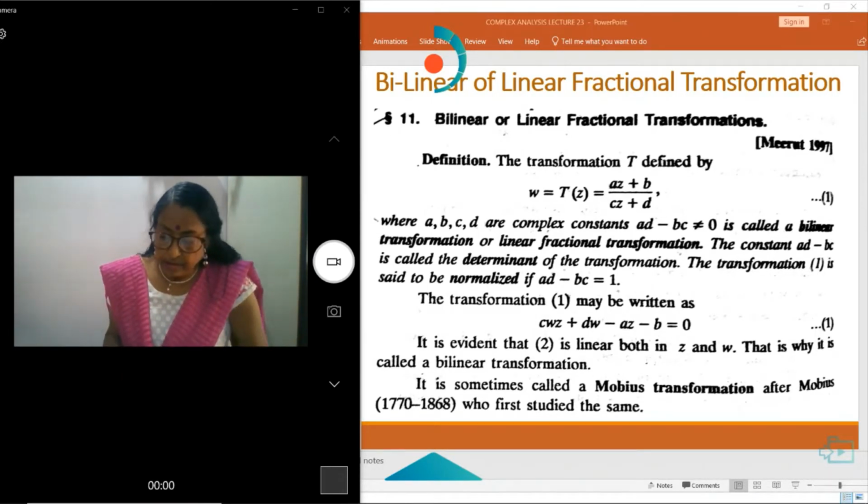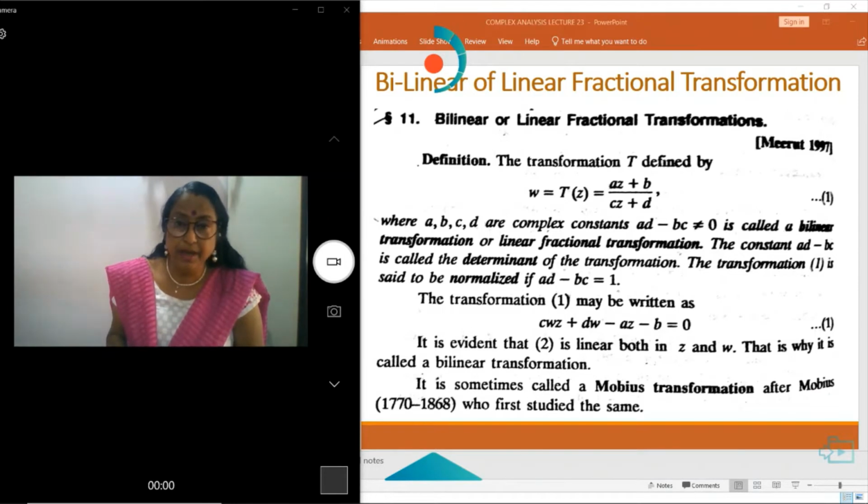Now, the transformation tau in the form W is equal to tau z, which can be written as Az plus B divided by Cz plus D, where A, B, C, D are complex constants and AD minus BC is not equal to 0, is called a bilinear transformation or linear fractional transformation.